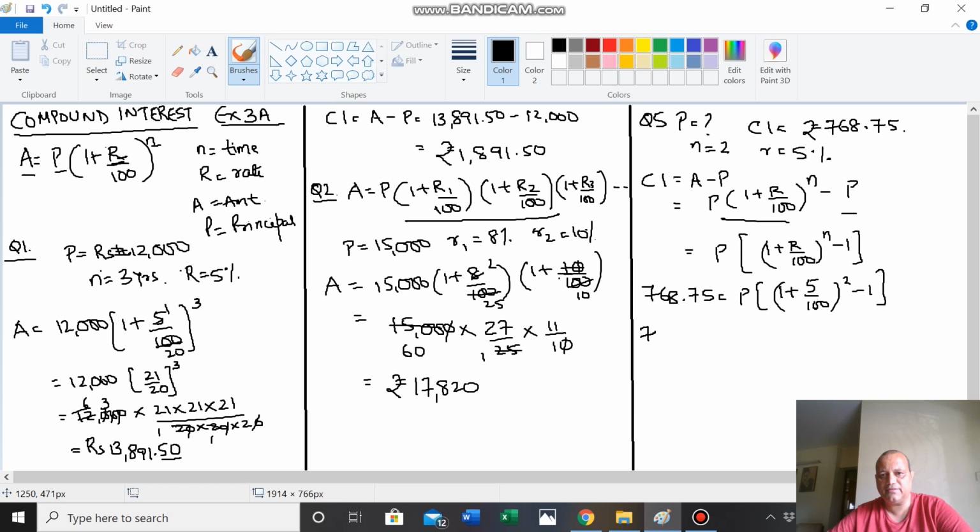So 768.75 is equal to P times (21 upon 20) square minus 1. 768.75 is equal to P times, 21 square is 441.